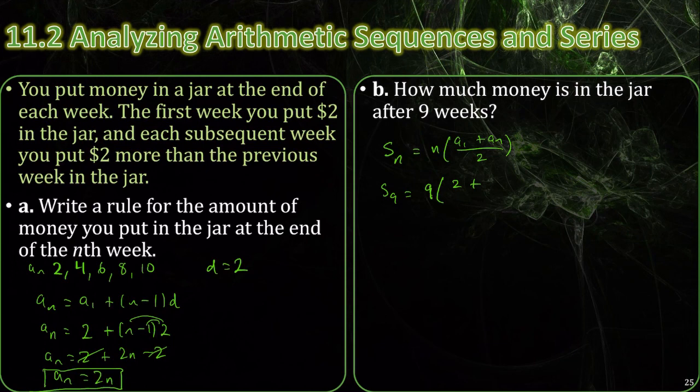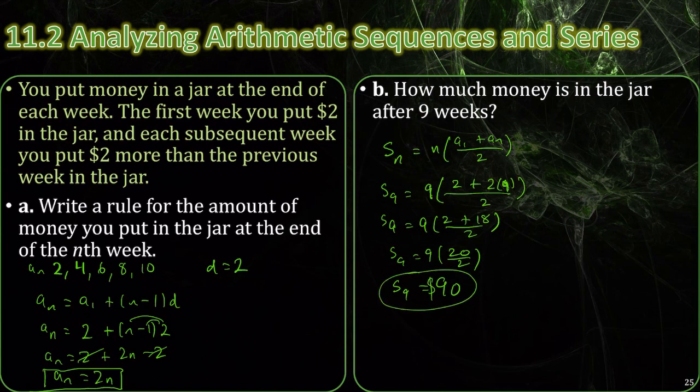And an, 2 times n is our formula, so it'll be 2 times 9 or 18. And of course, 2 plus 18 is 20. 20 divided by 2 is 10, and 9 times 10 is 90. So you'll have $90 in your jar after 9 weeks.